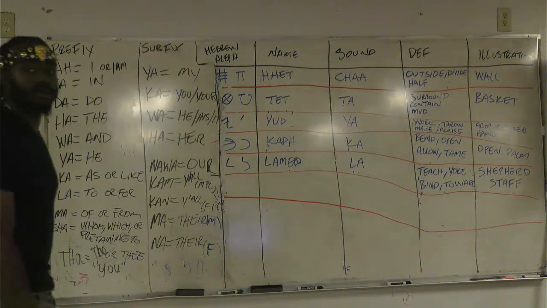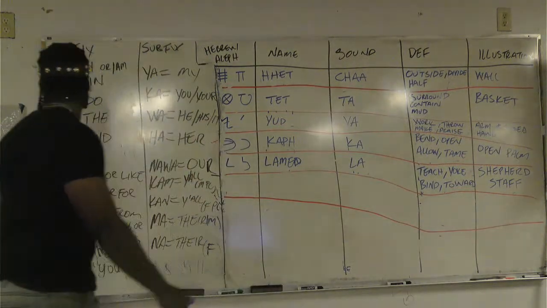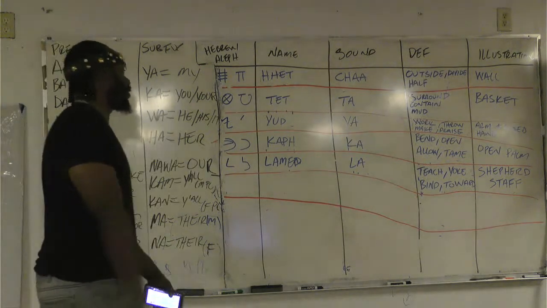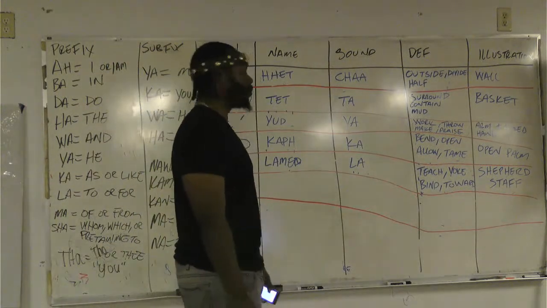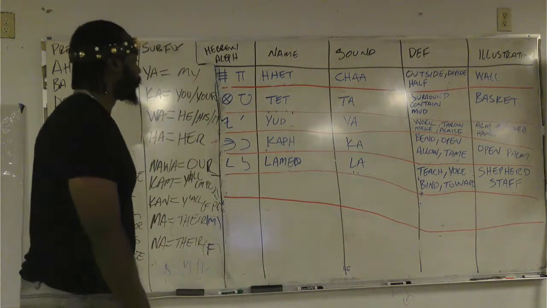So when we go through the alphabet, we say: Abagada, Hawaza, Hata, Yaka, Lamana. We do it based off of the sound, because we want to be as far away from our Yiddish counterparts as possible.